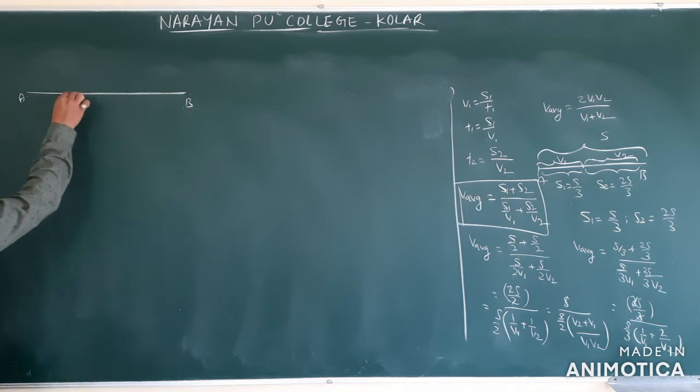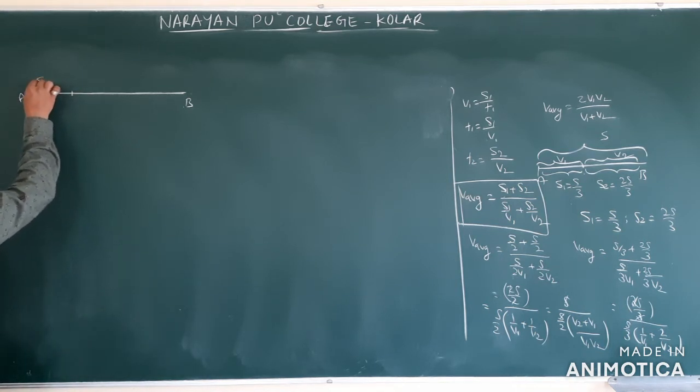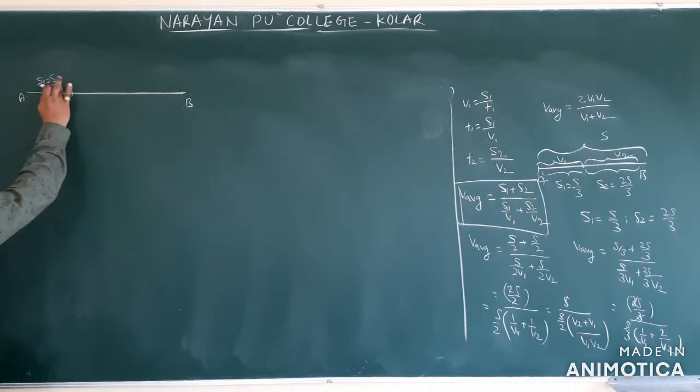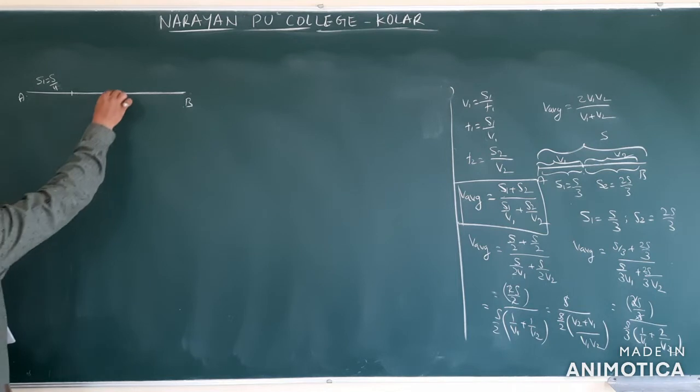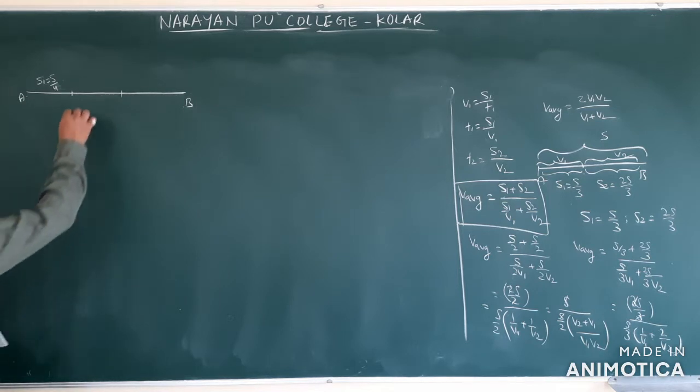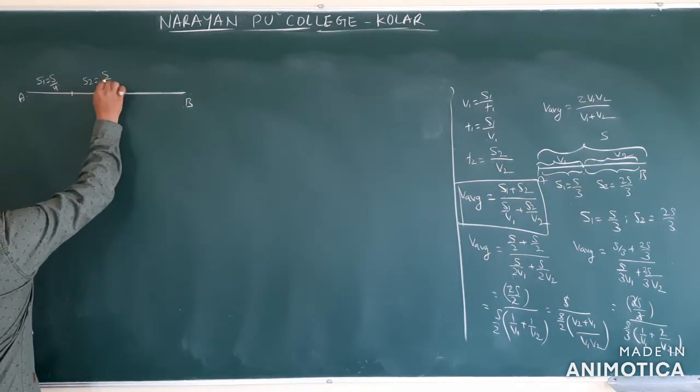So in C, first they give 1/4. For the first 1/4, 1/4 means s by 4. Next they gave next half of the distance. Half of the distance means s2 is equal to s by 2.